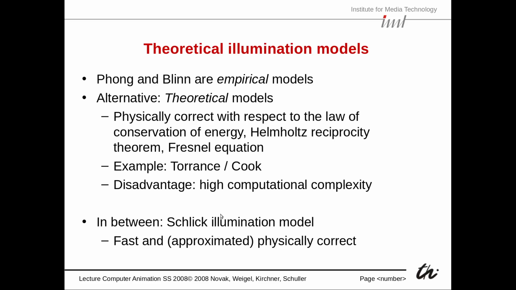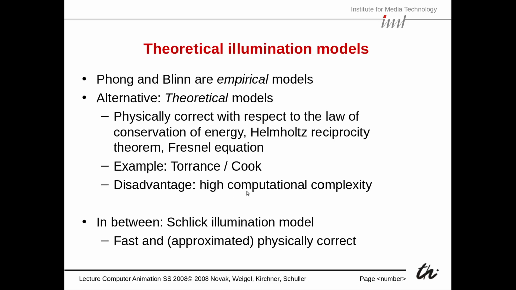Yeah, so besides those simplifying models, we also have theoretical illumination models. Phong and Blinn are more empirical models, very simple, and they kind of work. But the alternative is theoretical models. They are physically correct with respect to the law of conservation of energy, Helmholtz reciprocity theorem, and the Fresnel equation. An example for it is Torrance and Cook.